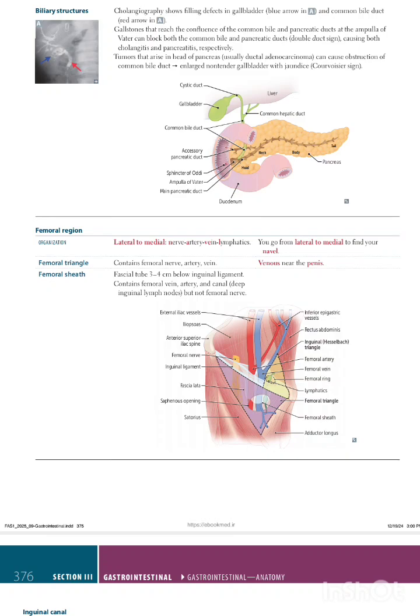But the femoral sheath contains femoral vein, artery, and canal, which means lymph nodes, but we don't have the femoral nerve here. Inguinal canal contains in female the round ligament, and in male vas deferens, and then ilioinguinal nerve and internal spermatic vessels.